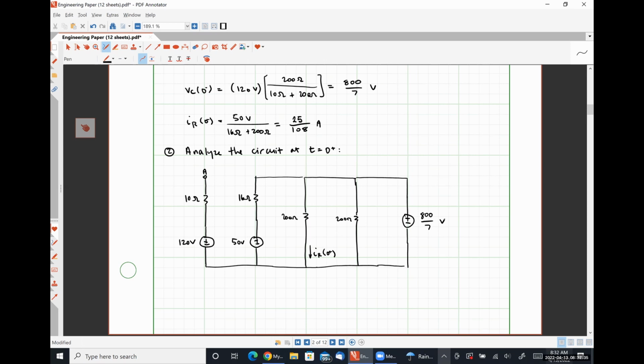Okay. So how do we now determine the quantity IR at 0 plus?